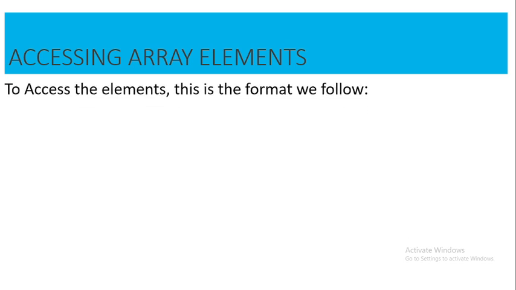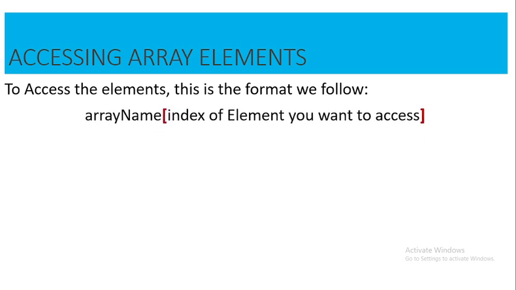To access an element, this is the format we follow. This is the syntax we use for accessing an individual element: the array name, then the square bracket open, then the index of the element you want to access, then we end it with the closing square bracket.